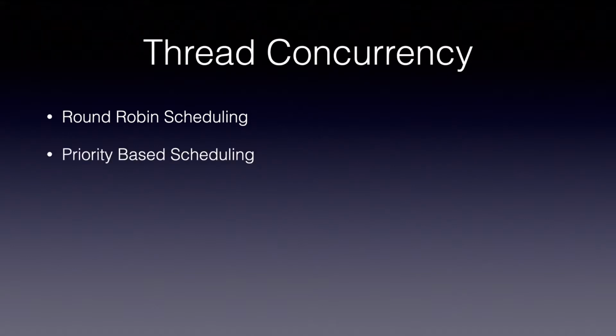Another commonly known algorithm that the OS scheduler uses is priority based scheduling. In this case, the OS scheduler will always pick a thread which is of higher priority. Priority is something which is associated with the thread.